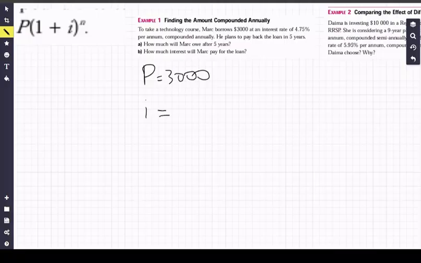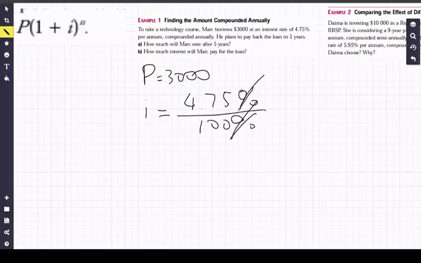I'll write it just so you know. 4.75% divided by 100%, this cancels out, and you're going to get 0.0475. And your n is your time. How long is he going to take? He's going to take 5 years. So it is 5.